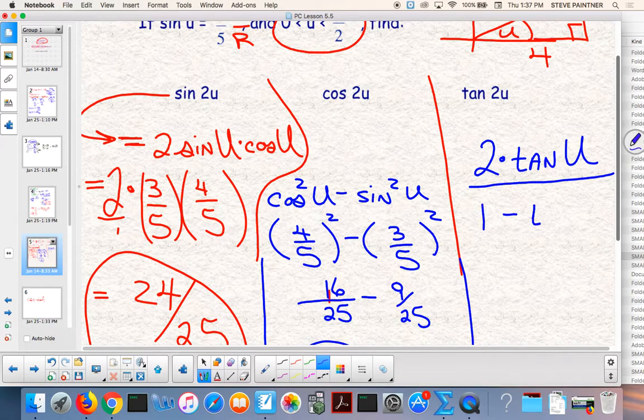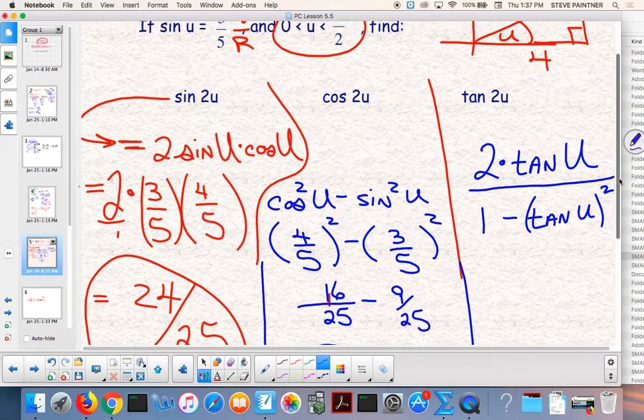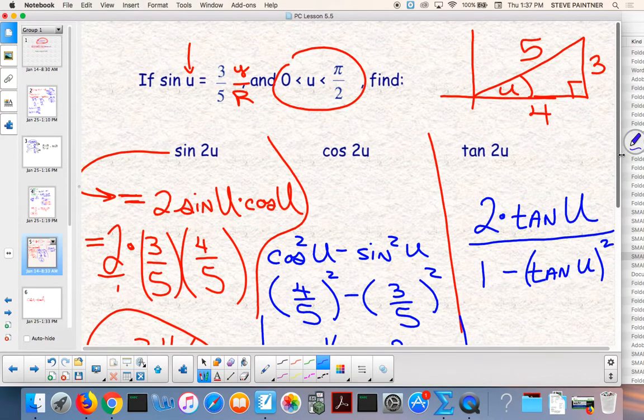One minus tangent of u squared. Like that. All right. We haven't done tangent yet. What's tangent? Tangent's 3/4, right?